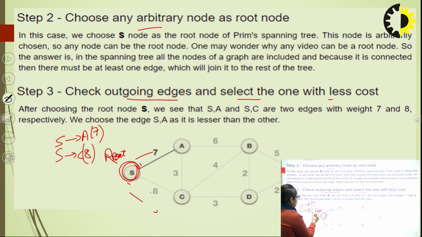So which is minimum? 7. So we will consider the outgoing edge which has the minimum cost value, that is SA having cost 7. So we will not include SC in our tree, we will include edge SA.